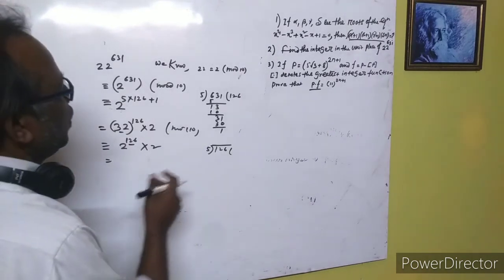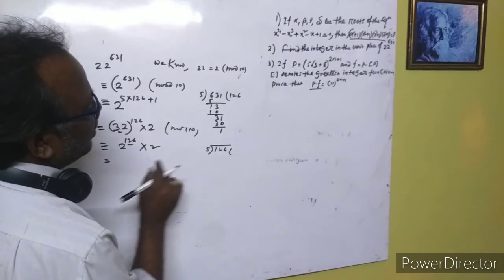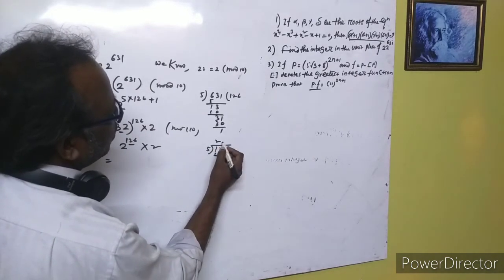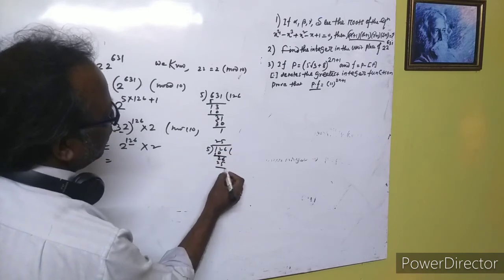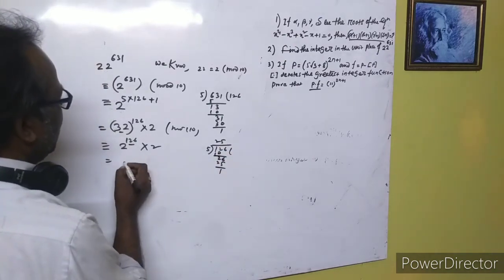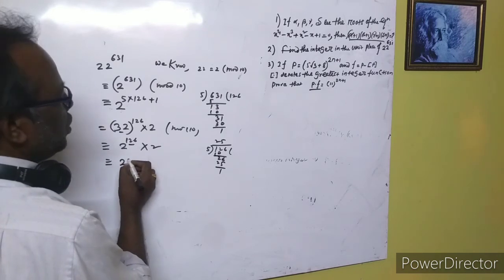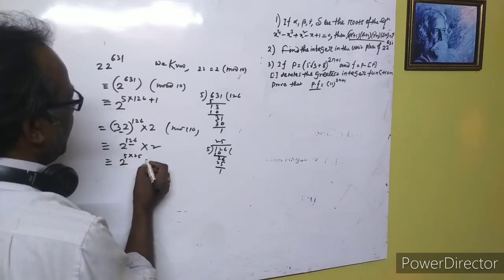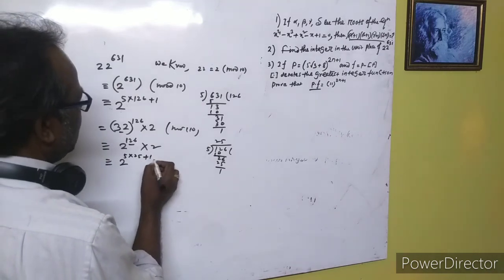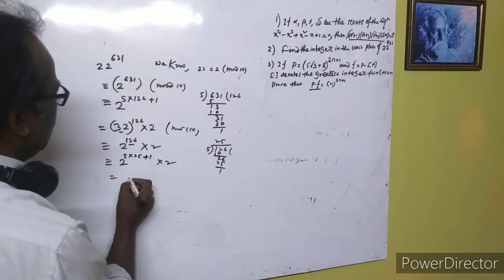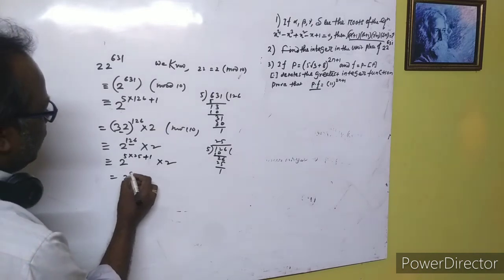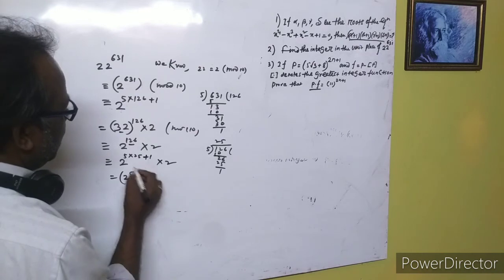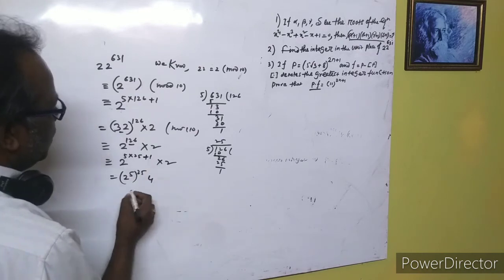So that's why we always divide this power by 5 here. Now 126 divided by 5 gives 25, and the remainder here is 1. Now see again, so 2 to the power 5 into 25 plus 1 into 2 here. So 2 to the power 5 to the power 25, into 2 to the power 1, which means 4 here.